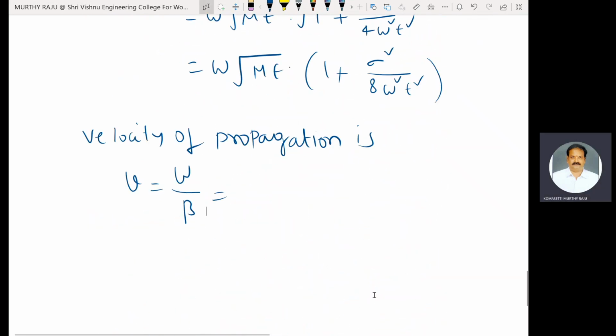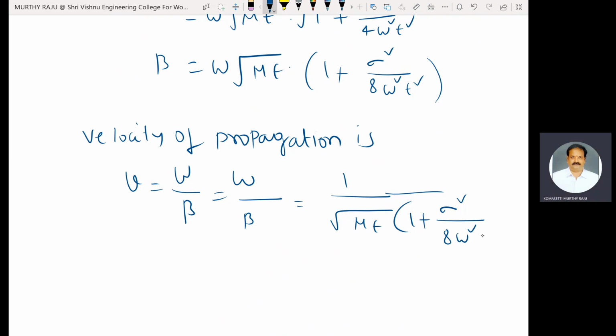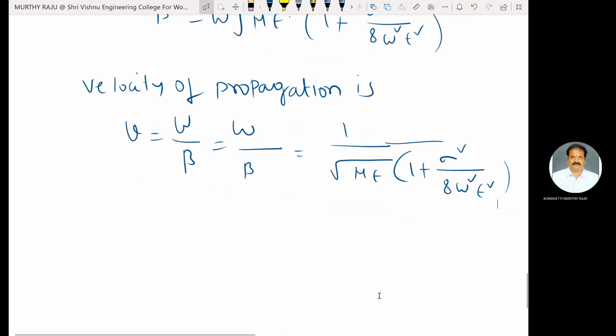Omega by beta, from this expression, is equal to 1 by square root of mu epsilon times 1 plus sigma square by 8 omega square epsilon square. This one is the group velocity.